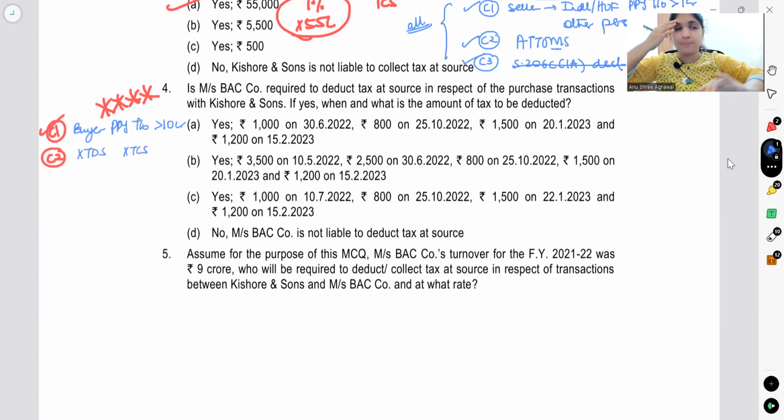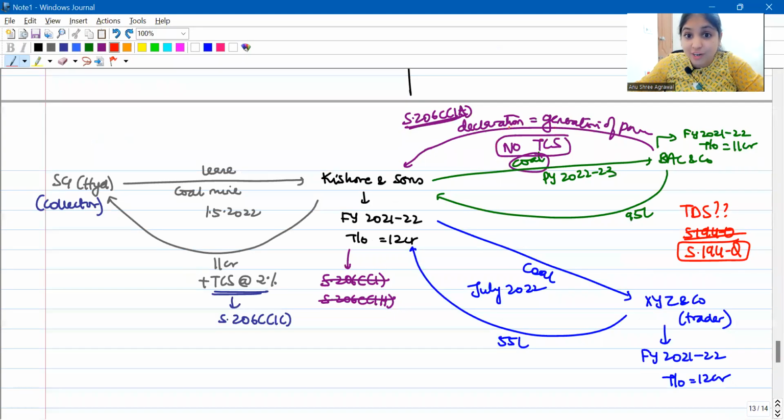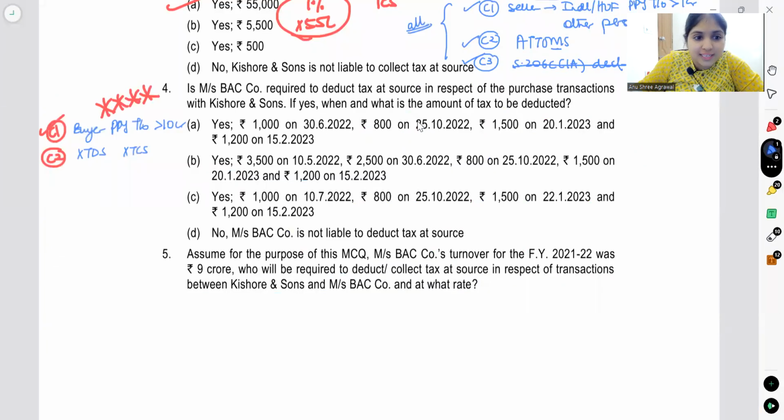Think about the flow chart. Is any other TDS applicable? No, 194O is not applicable. Then when we come to right side, is any other TCS applicable? See, we have clearly concluded over here no TCS. Why? Because 2061A declaration was there. If there is 2061A declaration, no TCS at all. So, no TDS, no TCS. Both the conditions are fulfilled.